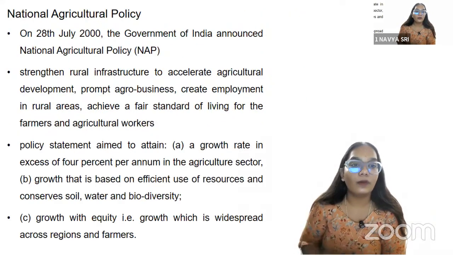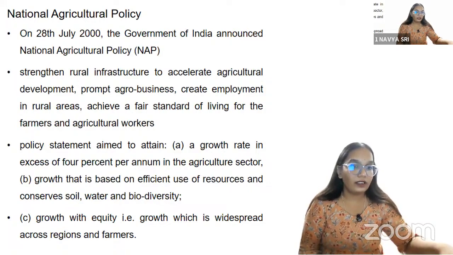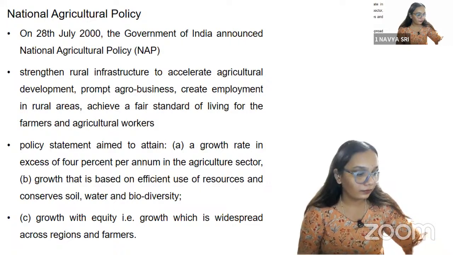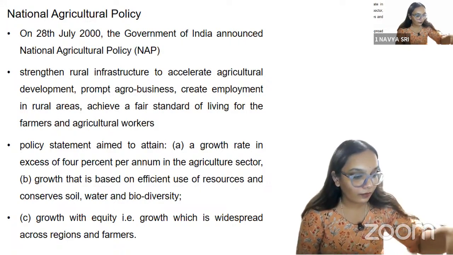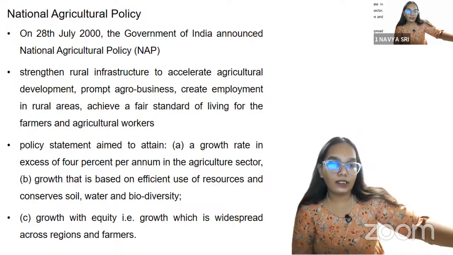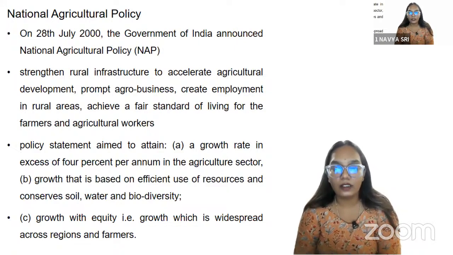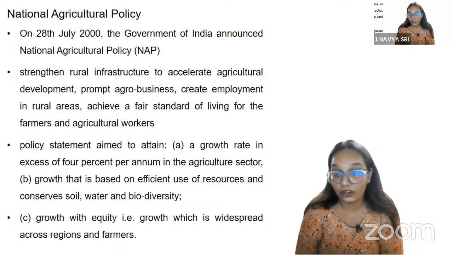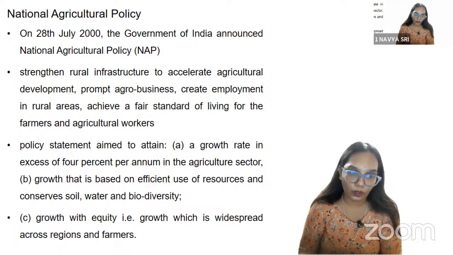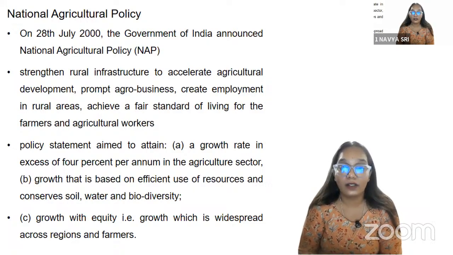So let us talk about what is National Agricultural Policy. National Agricultural Policy, NAP. NAP is basically to strengthen rural infrastructure in a way which accelerates agriculture and promotes agro businesses, creates employment, and achieves a fair standard of living for farmers and agricultural workers.